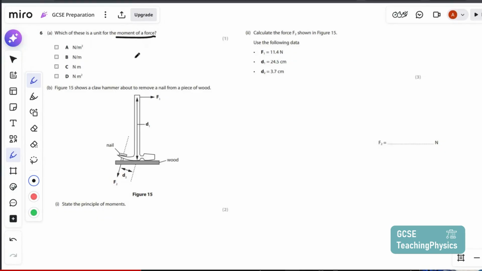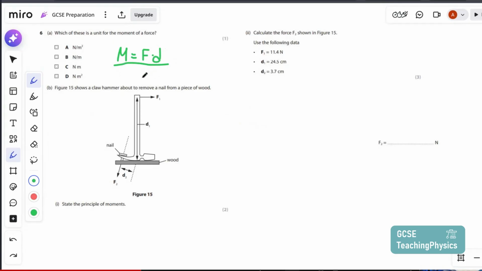For a moment of a force, you need to know that it is found using this equation, where we multiply a force by the distance. It's actually a perpendicular distance, which is important to understand. Using this equation, we can understand the units.